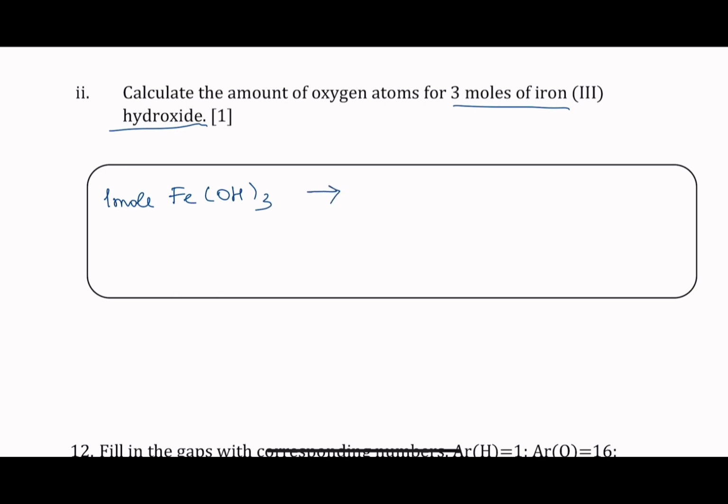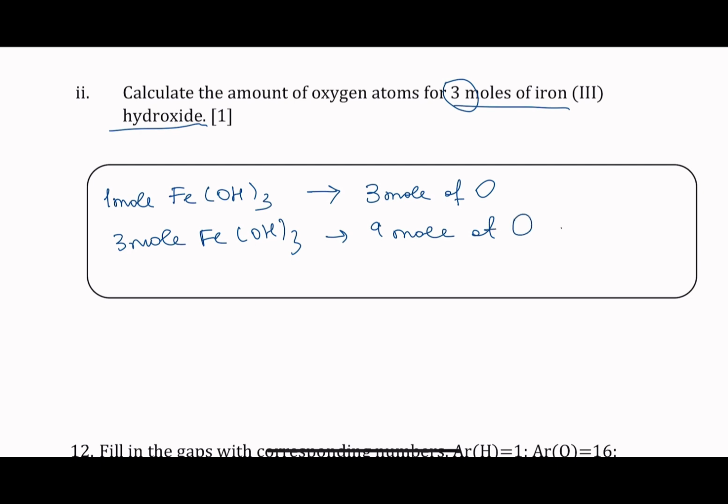Let's see how many moles of oxygen do we have. We got 3 moles of oxygen, right? So for 3 moles of iron hydroxide, you automatically will have 9 mole of oxygen atoms.